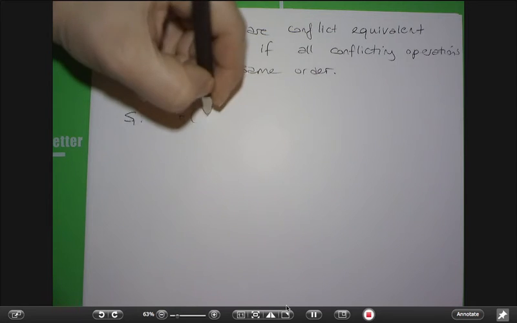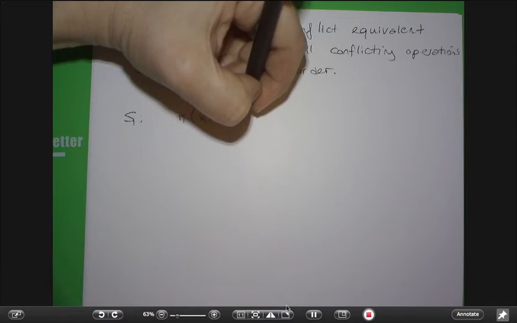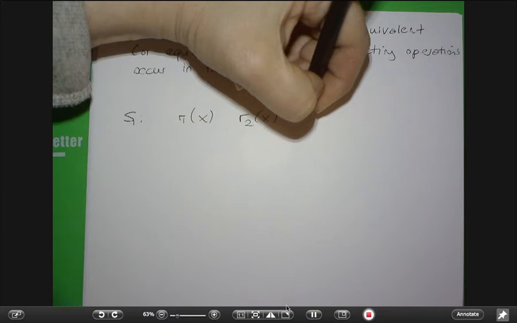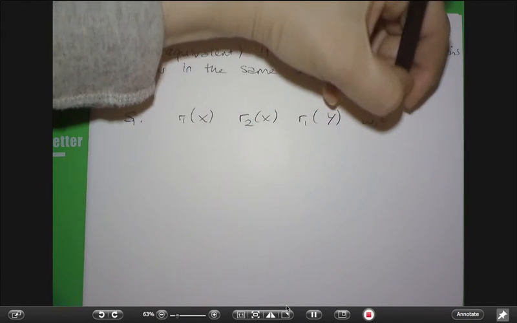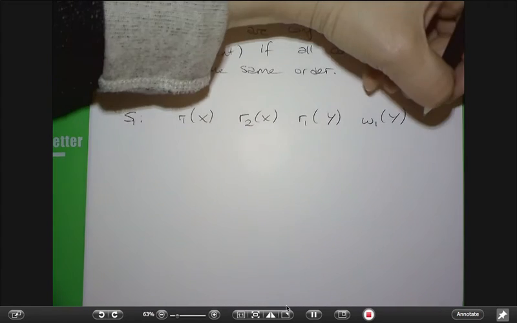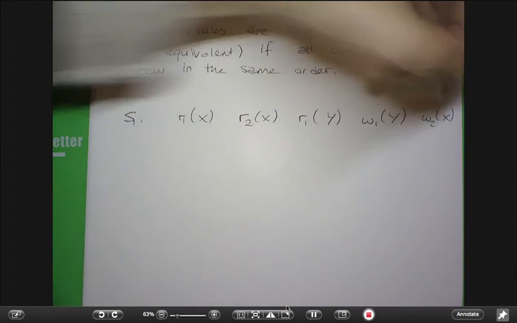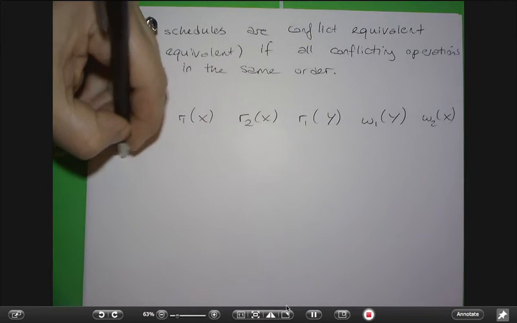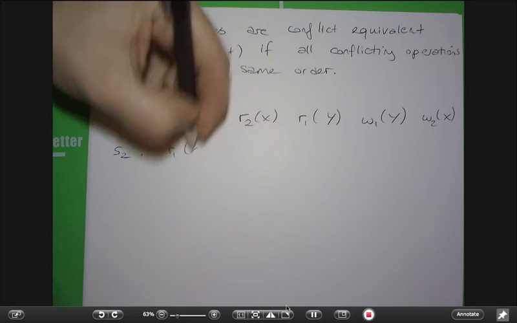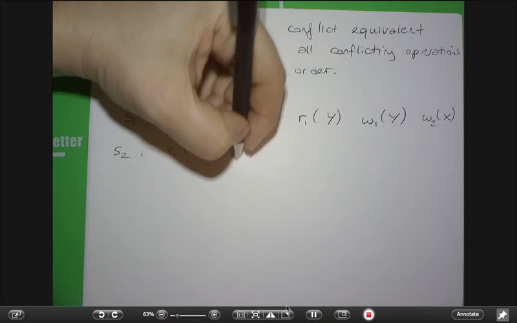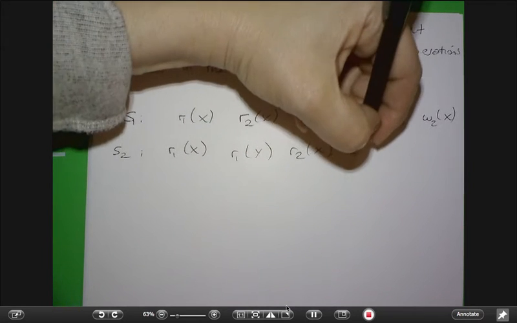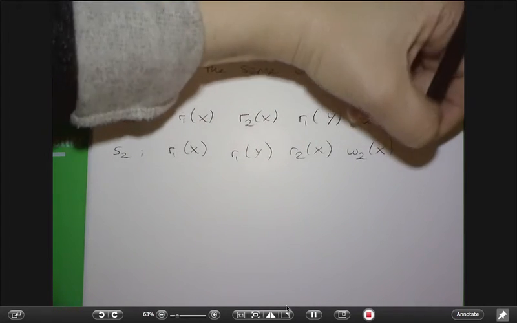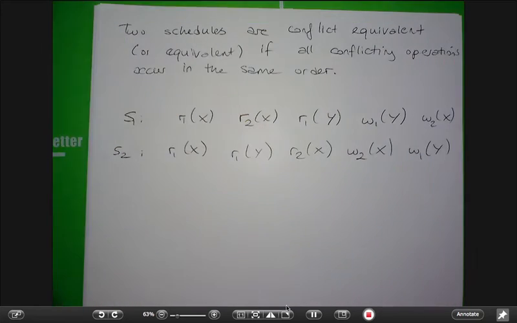So let's say I have R1 of x, R2 of x, read 1 of y, write 1 of y, and write 2 of x. Then read 1 of y, read 2 of x, write 2 of x, and write 1 of y.